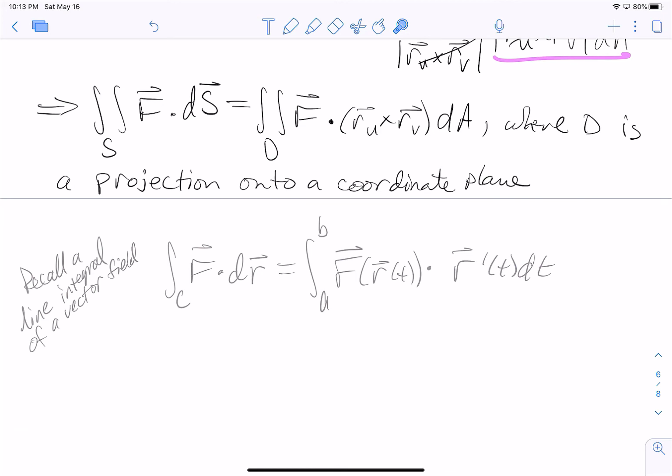So once again, we have a dot product, we have a derivative. Here we have a dot product, we have a cross product of partial derivatives. This is kind of like a higher dimensional analog of what we had already seen in the past.